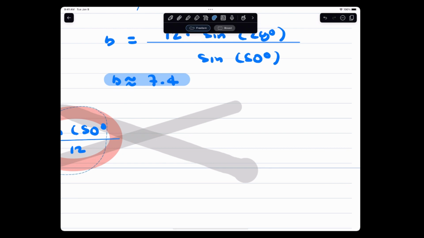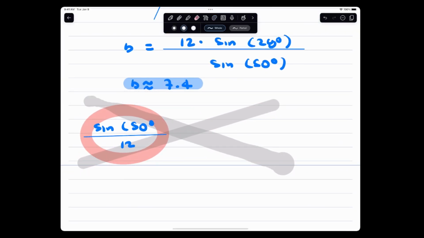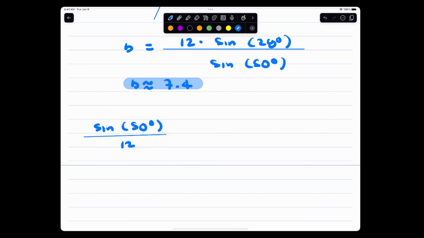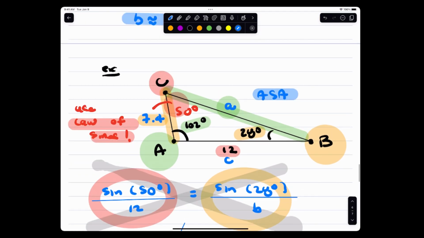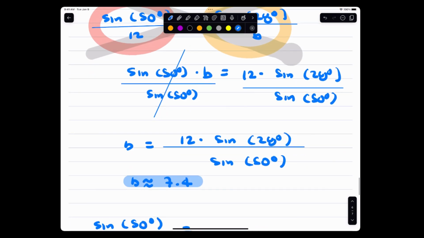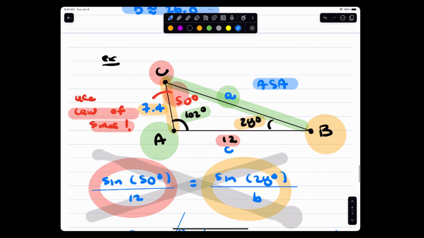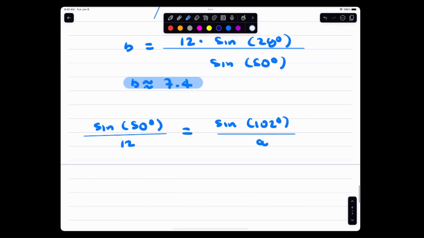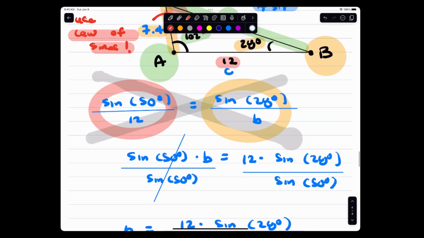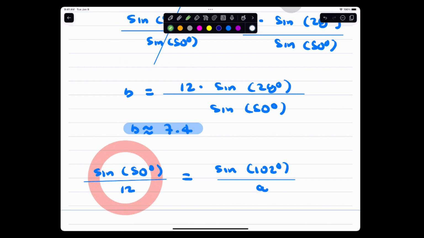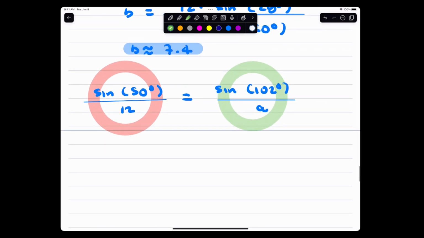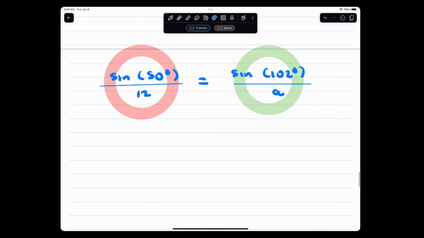Again, sine of 102 over A. Okay, you guys see my point?